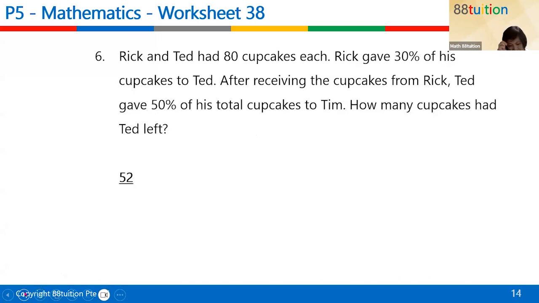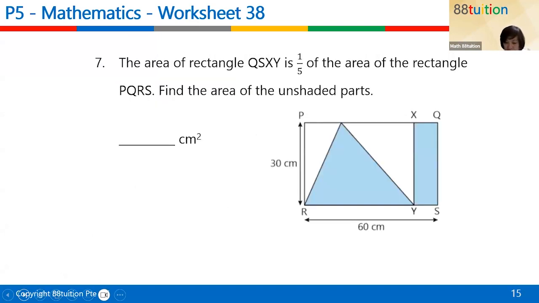Okay. Question number 7. The area of rectangle QSXY is 1/5. What do you mean by 1/5? Meaning to say when this is 1/5, so this is 1 unit by itself, and the whole thing is 5 units. So meaning to say it is broken into 2 parts.